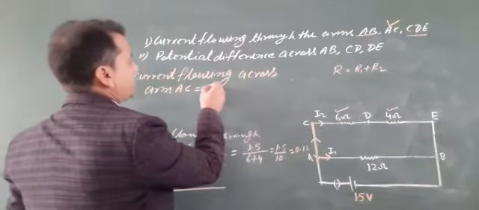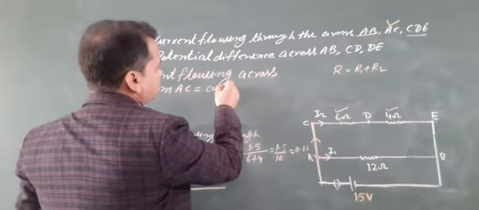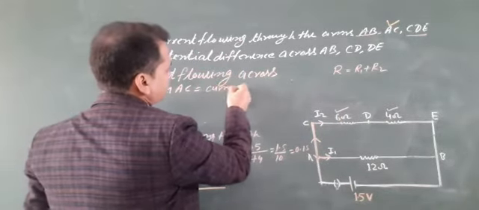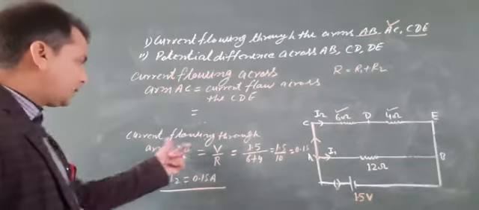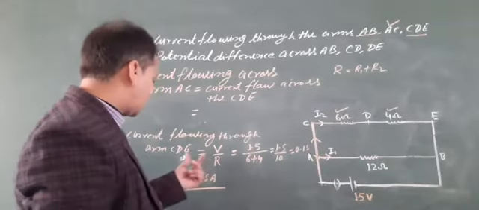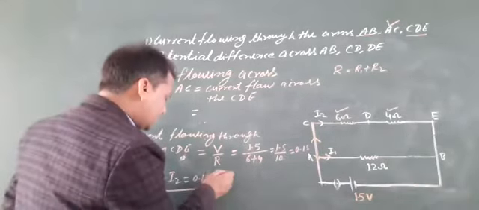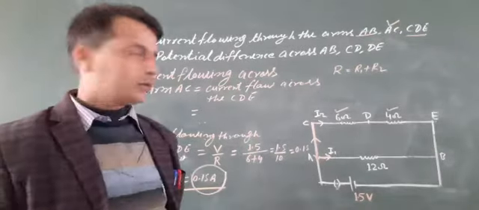So it is clear that the current flowing across the arm CDE is 0.15 ampere. So the current flowing through the CDE is 0.15 ampere.